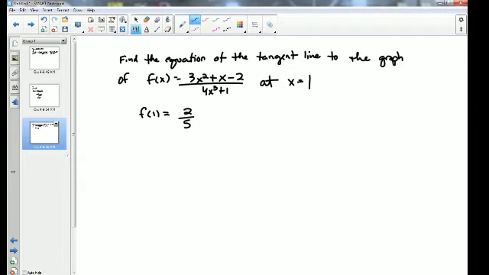All right, now derivative, right? We good? Plug 1 in. 3 plus 1 is 4, minus 2 is 2. 4 plus 1 is 5. The point.